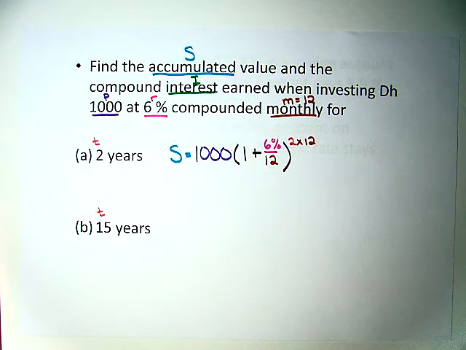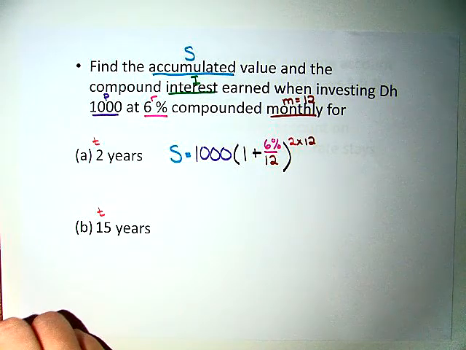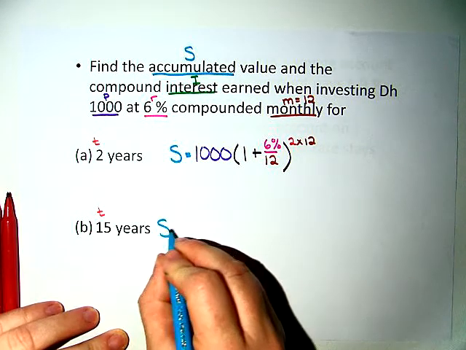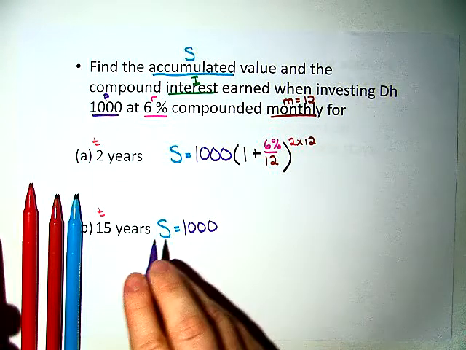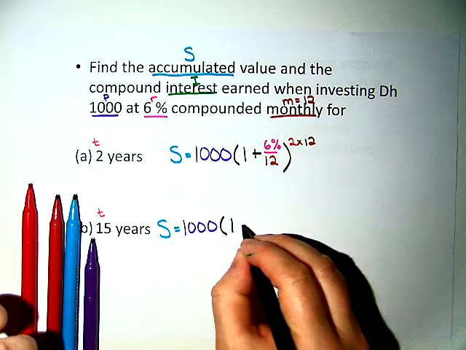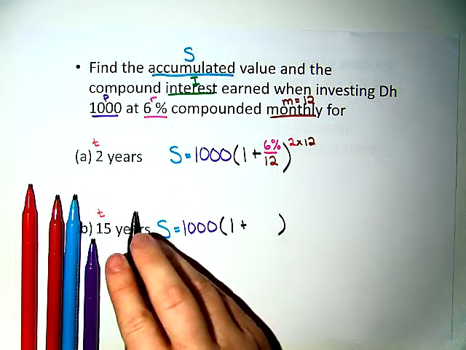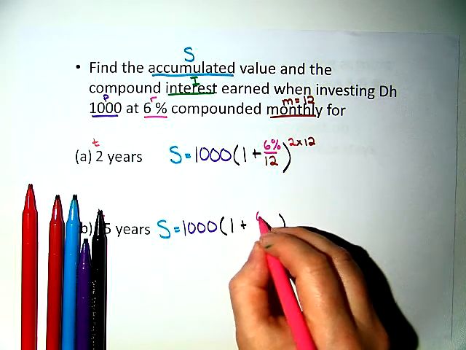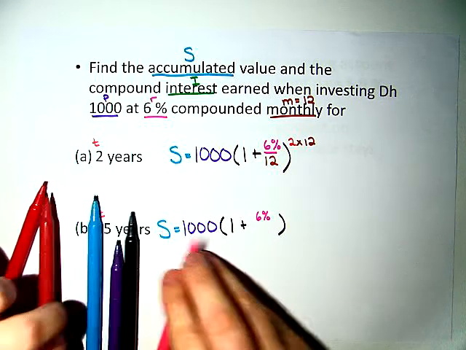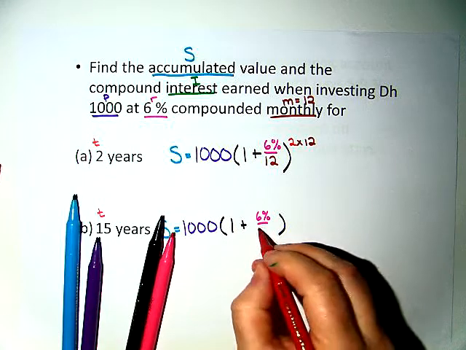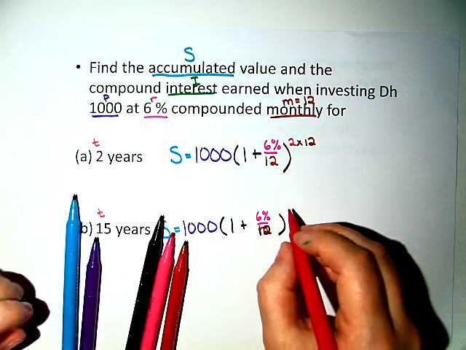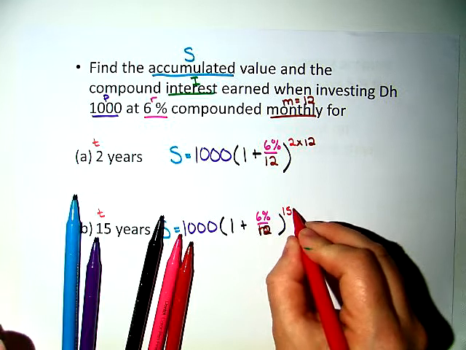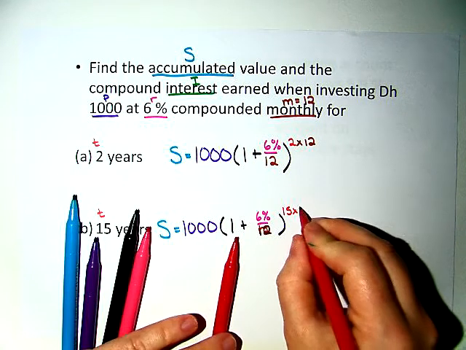And what's nice is that the other one will be the exact same formula. So S equals 1,000, 1 plus 6% divided by M. Oh, I'm sorry, M was 12. Raised, and this time it'll be 15 years times 12.